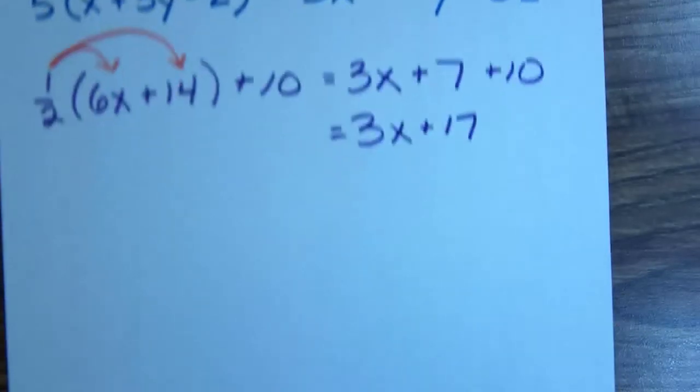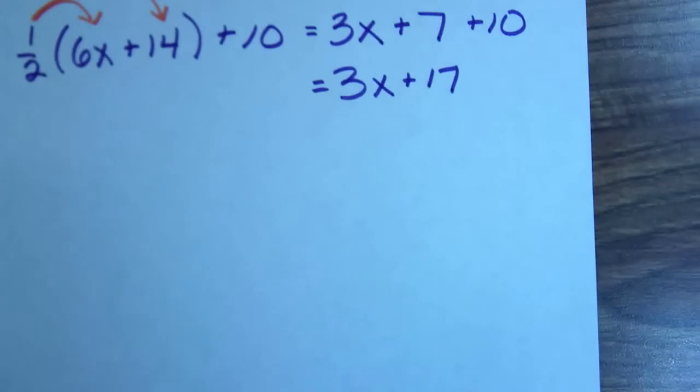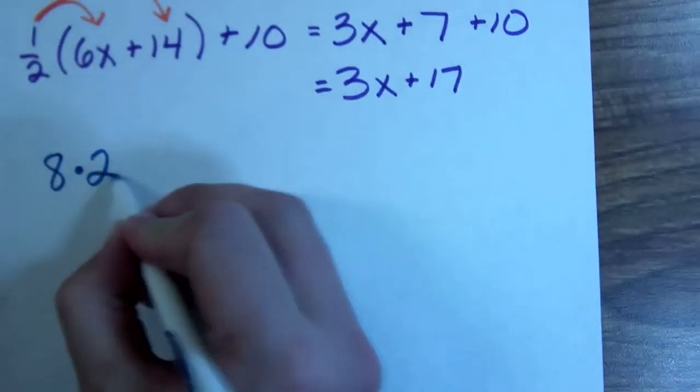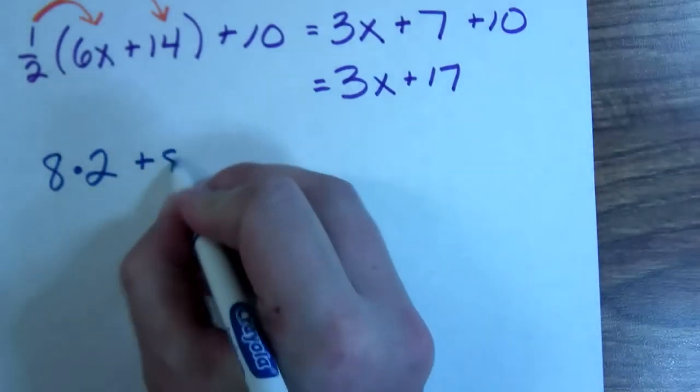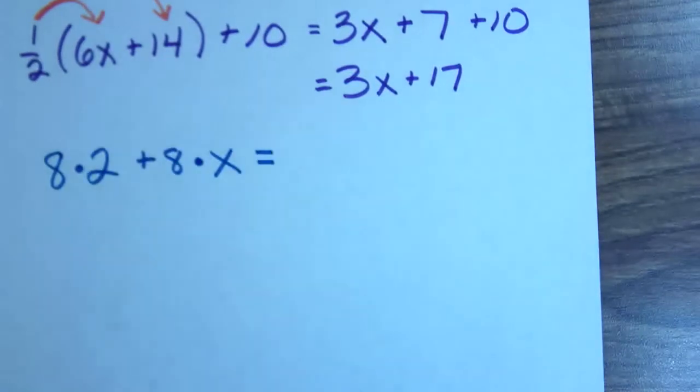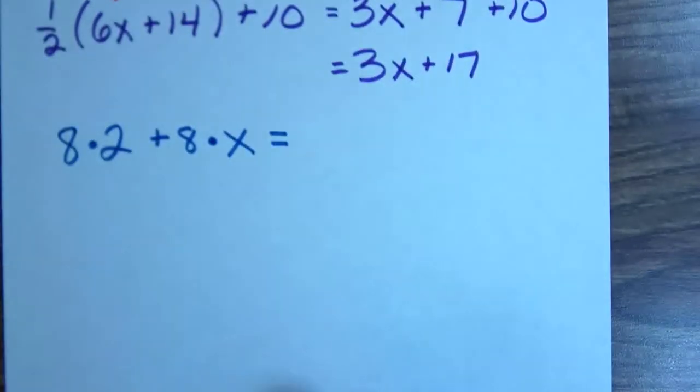Think you could go backwards? Suppose this is what the problem looks like after I did the distributive property. What did it look like before?